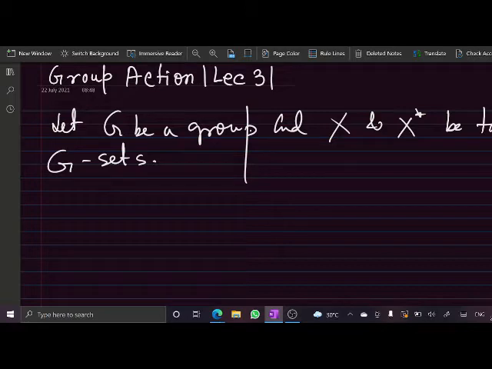So you are now defining when one could say that X and X star will give you the same G sets. I mean, the same means there must be some correspondence between one G set and another, right?